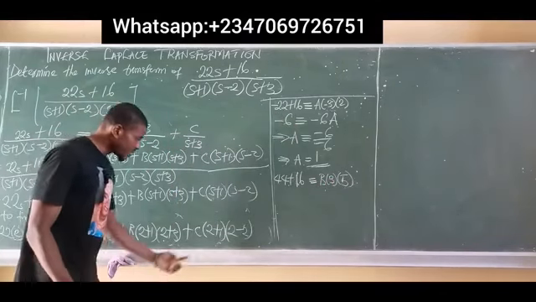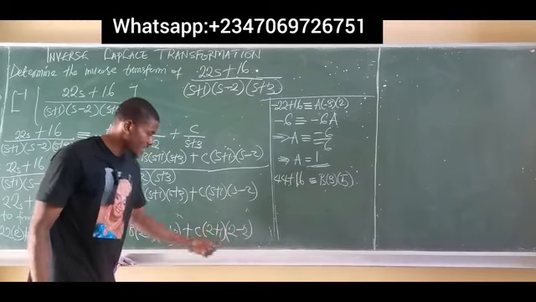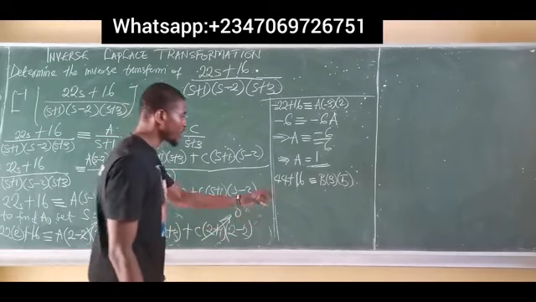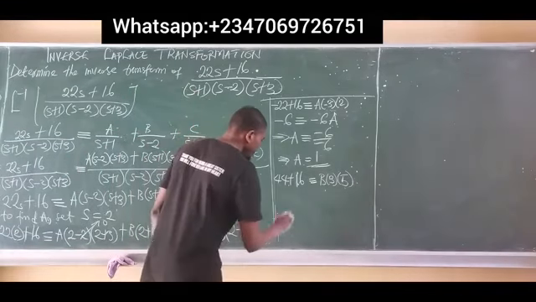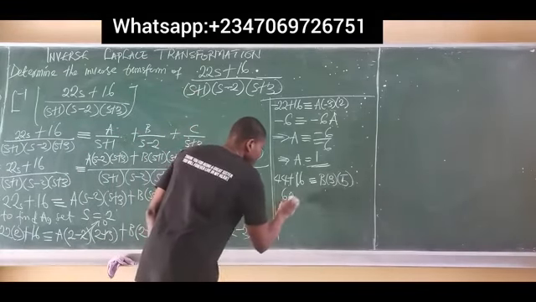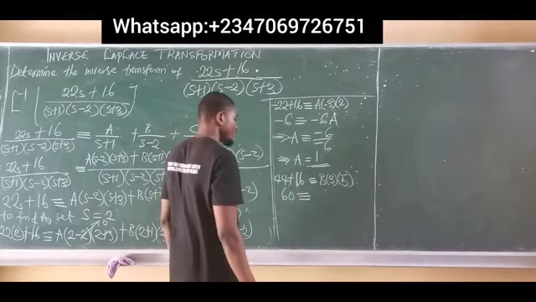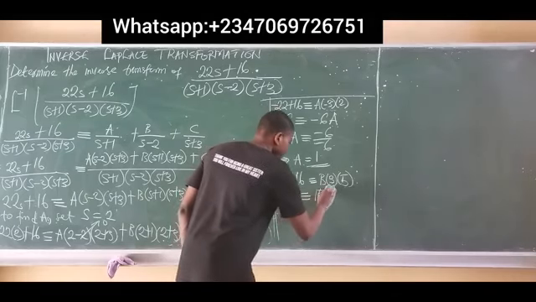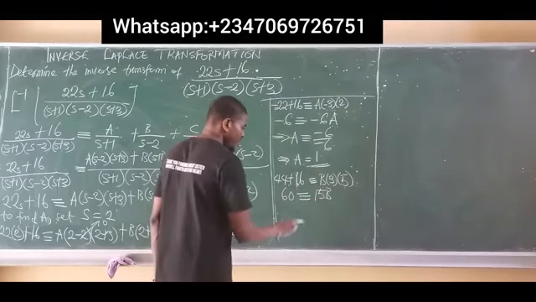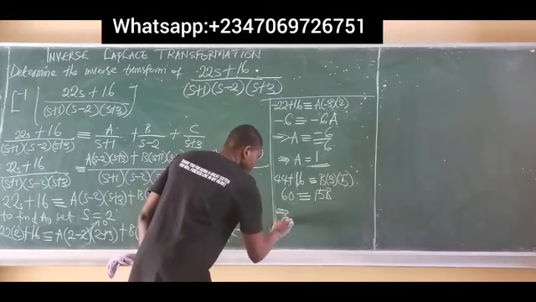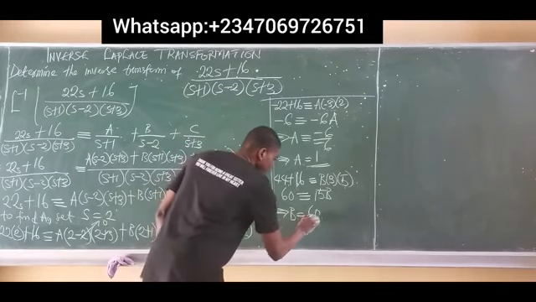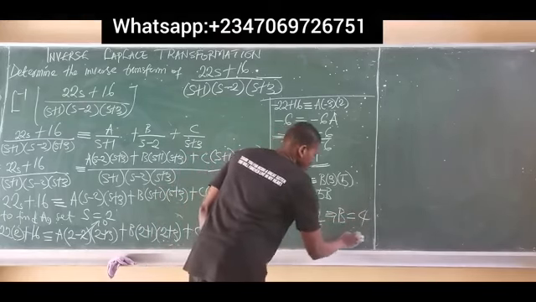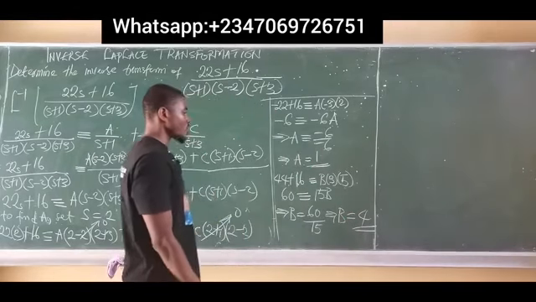Similarly, 2 plus 1 here is 3, but 2 minus 2 here is 0, so automatically everything here becomes what? 0. So I am now left with this: 44 plus 16 is 60, and this is equivalent to 3 times 5, which is 15, so I have 15b. Therefore, to find b, divide both sides by 15. This implies that b is equal to 60 over 15, which implies that b is equal to 4. Alright, so b is simply equal to 4.